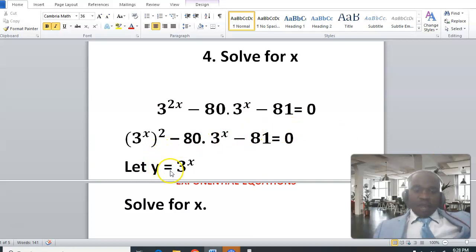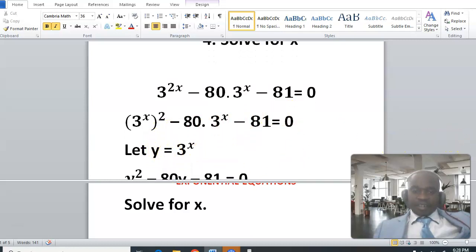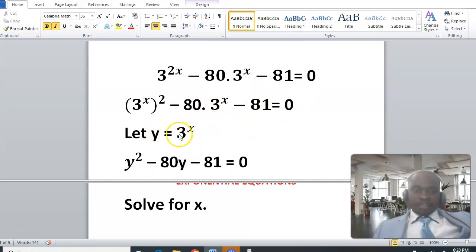So you can let y to be equals to 3x. In place of 3 exponent x, you substitute y. So 3 exponent x, let's put y there. And this is the square. So this is y. The whole of this is y because 3 exponent x is y. So it's y squared.